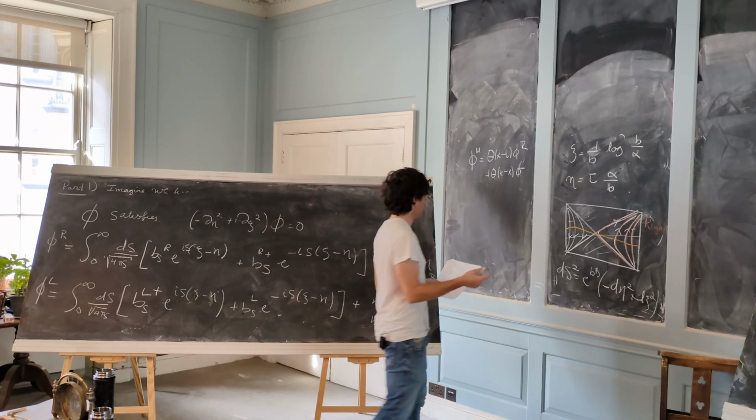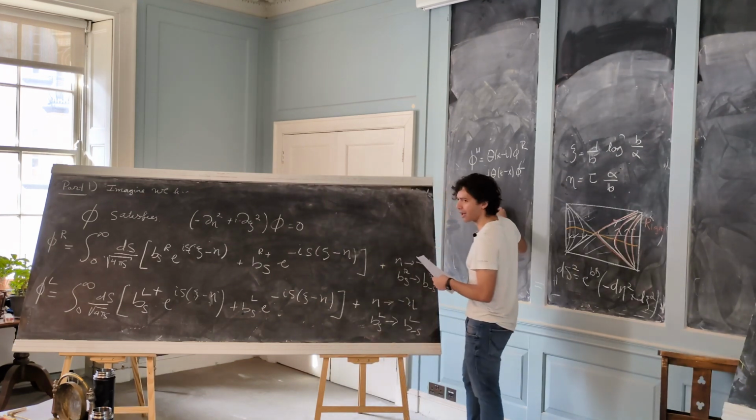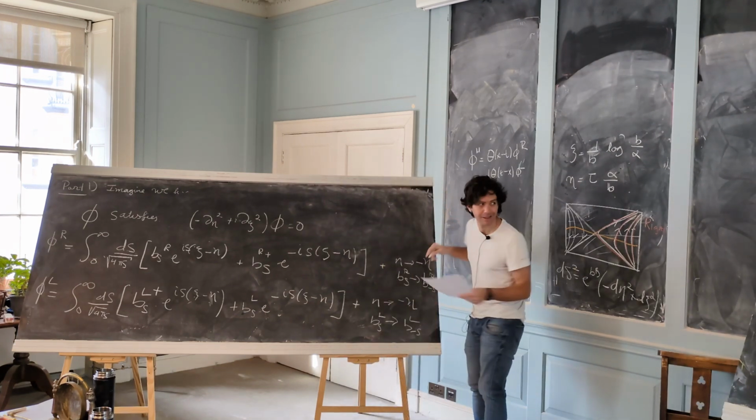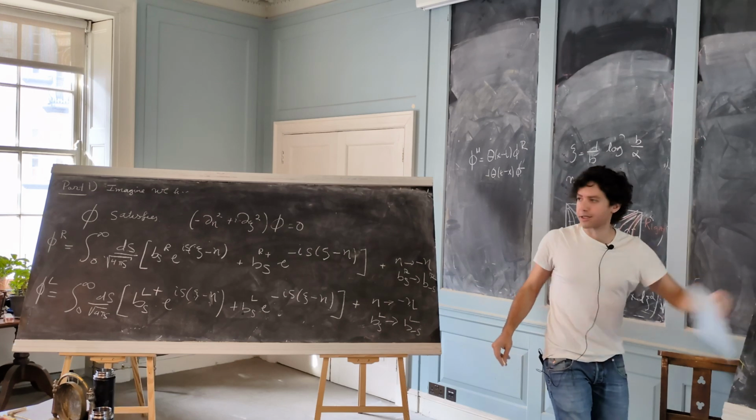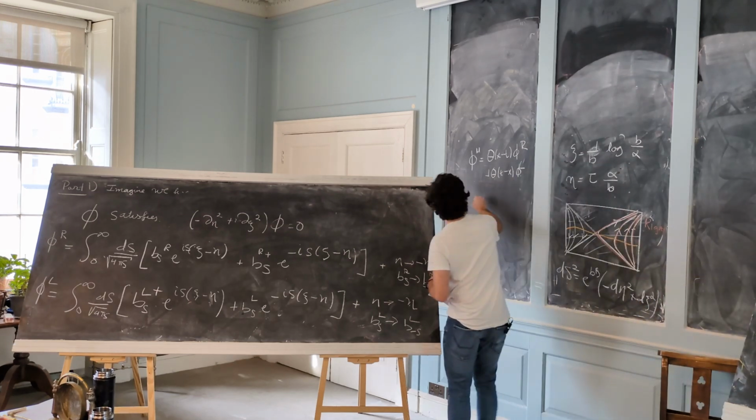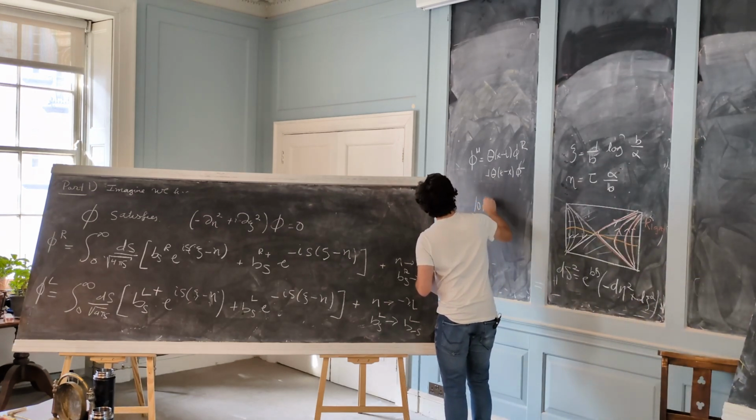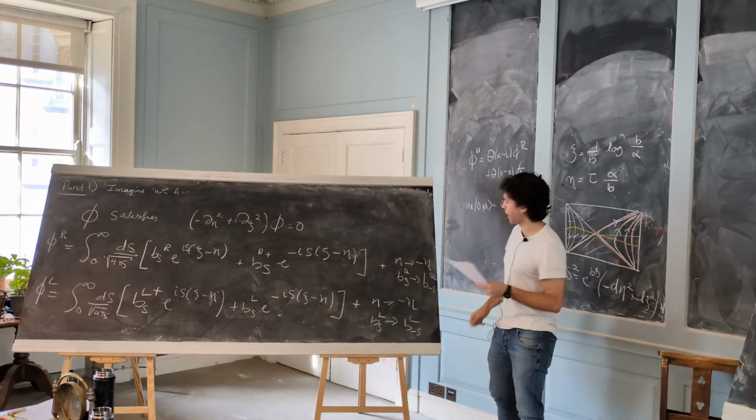Yeah, the no particle state. It's the thing that is annihilated by, yeah, all these A's. So my vacuum, I'm going to call it the Minkowski vacuum, satisfies that A_k on it equals 0 for all k.